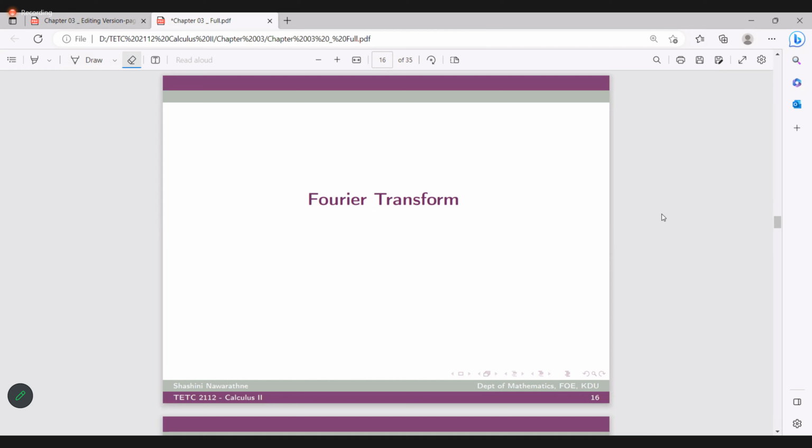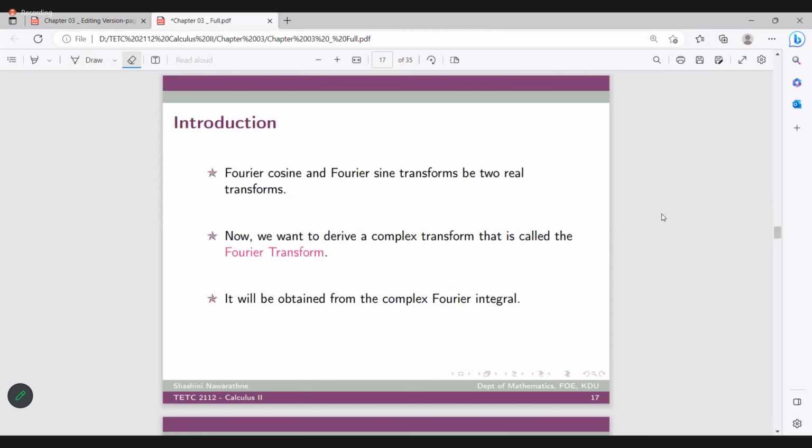So the next topic that we are going to discuss is the Fourier transform. We have learned complex numbers in the first module, the mathematics module.